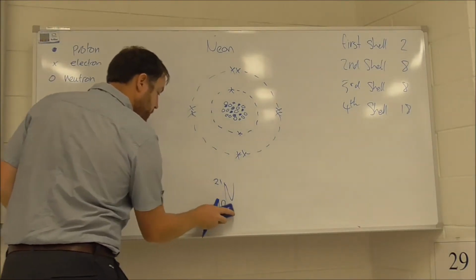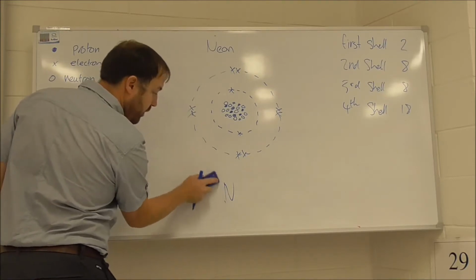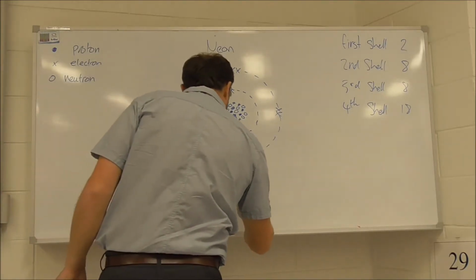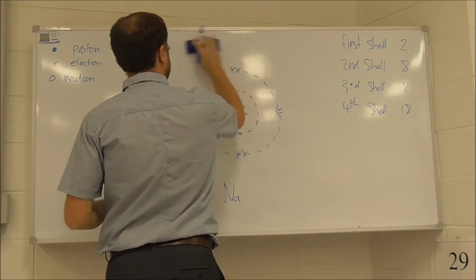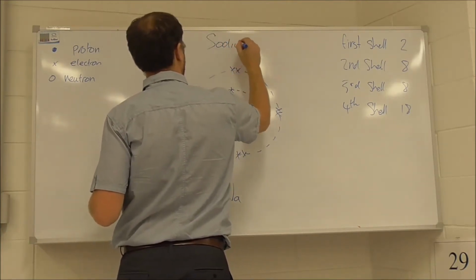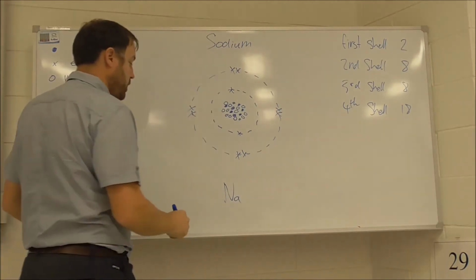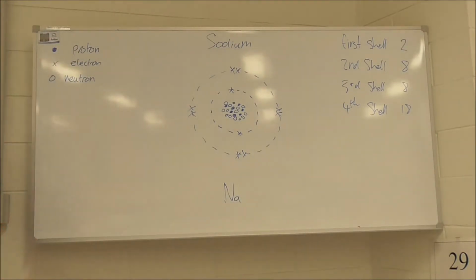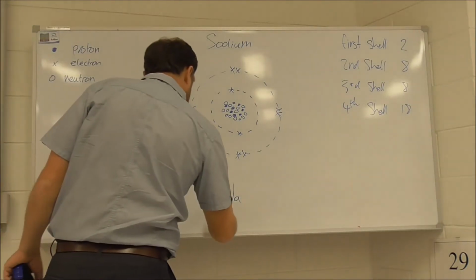I'm just going to cheat. So it's sodium. Okay, now we're going to do sodium. Okay, and sodium has an atomic number of 11. Okay, so it's the next one after neon.